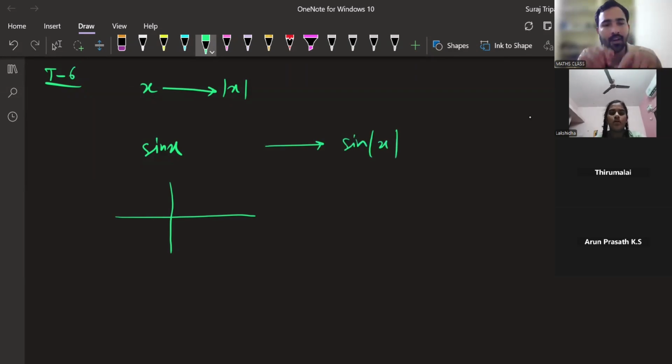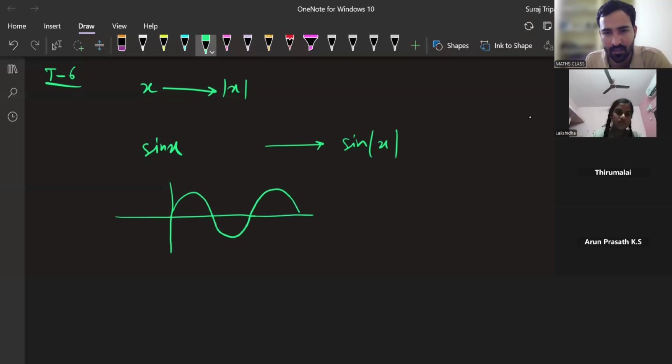Here, while converting x to mod x, whatever graph is present, this is the transformation. Transformation means if any graph is given, how will we make changes to it? Like the graph of sin x is given, and how will we draw the graph of sin of mod x?